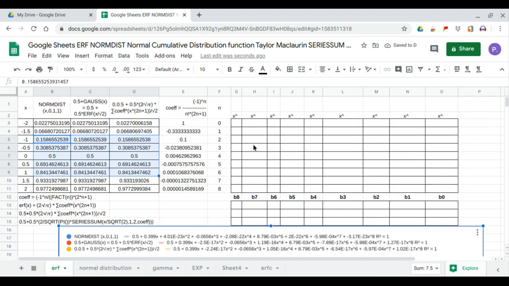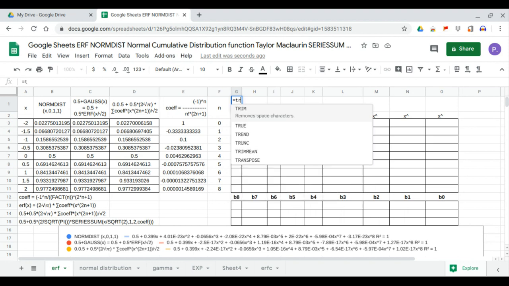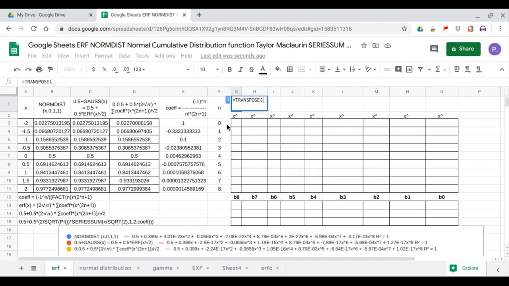To calculate for B0, B1, B2, and B3 using LINEST, we have to complete the 1 comma x matrix. So we begin with the function. We fill in the 1 column, the x column, x squared column, x cubed, and so on. So we start with the power, which is the transpose of the range.